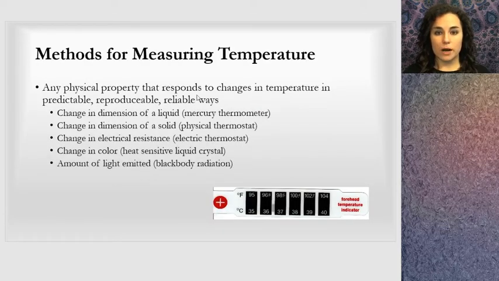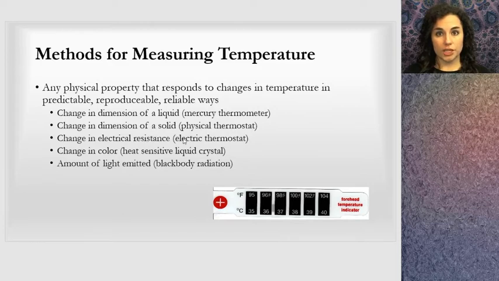Since temperature relates to the physical properties of a substance, that's how we would measure temperature. Any physical property that responds to changes in temperature predictably, reproducibly, and reliably is a viable way for us to measure temperature scientifically. So just like you would see with a regular mercury thermometer, we would measure a change in the dimension of the liquid. It gets taller or shorter depending on the temperature. Since dimensions change, we can measure the dimension of an entire solid, where we might have a physical thermostat.